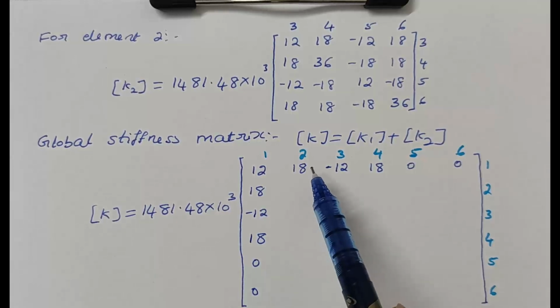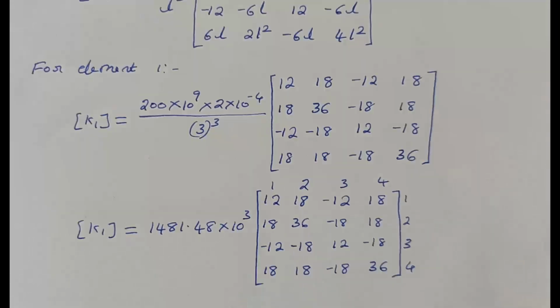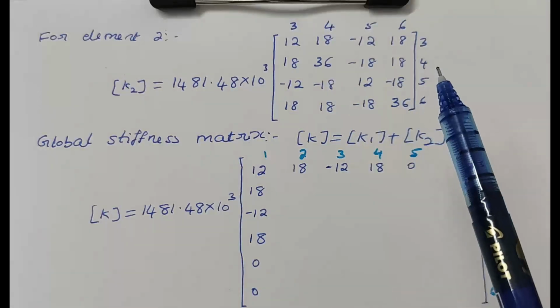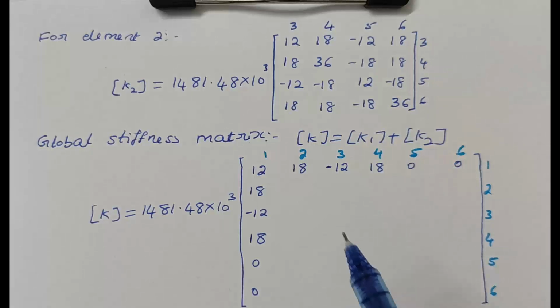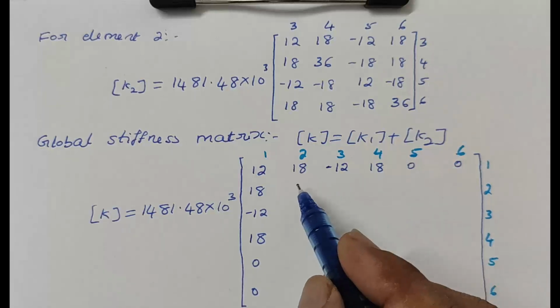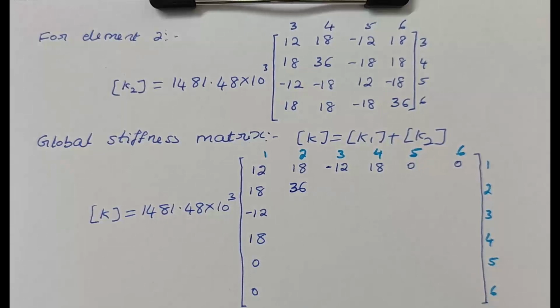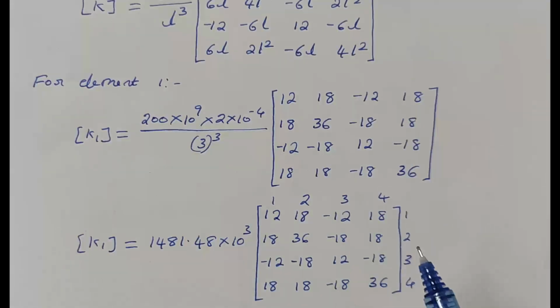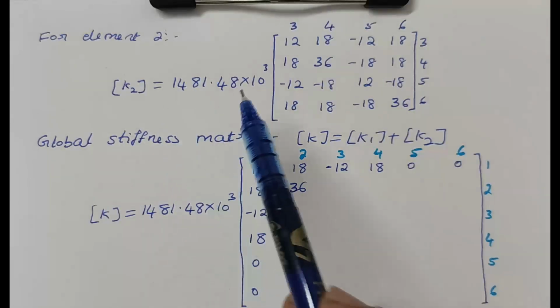Next we need element corresponding to 2 and 2. See, in K1 the element corresponding to 2 and 2 is 36. But in K2 we don't have any element corresponding to 2 and 2. Therefore element corresponding to 2 and 2 is 36. Next we need element corresponding to 3 and 2. In K1 here it is minus 18. But in K2 we don't have any.